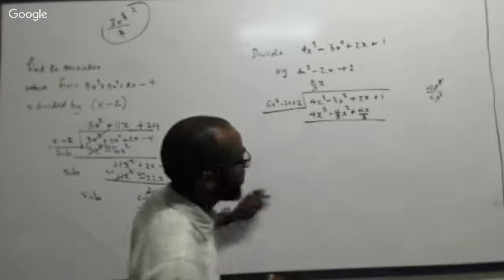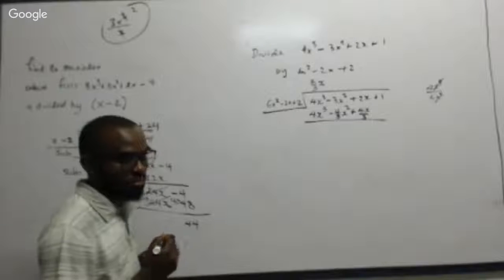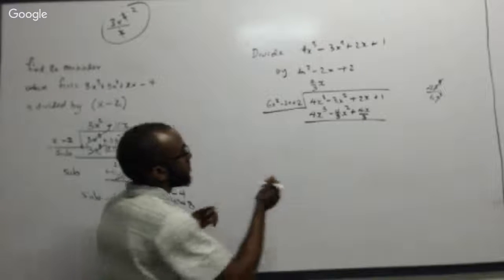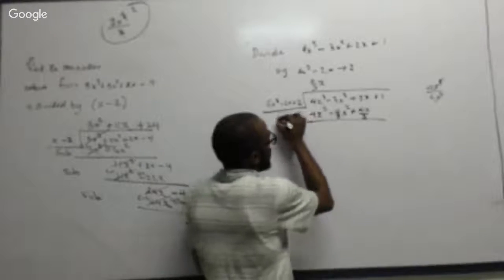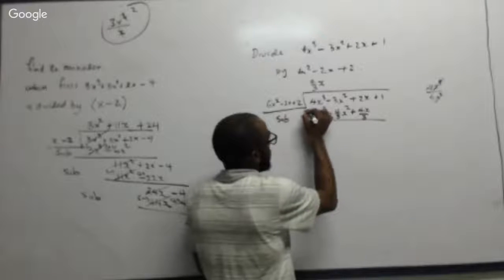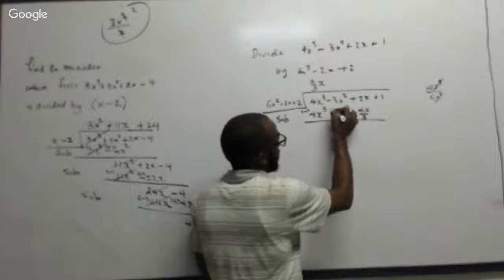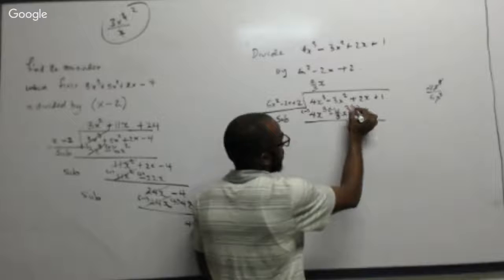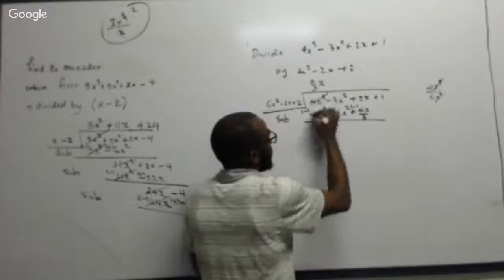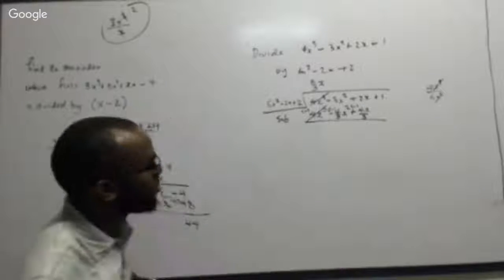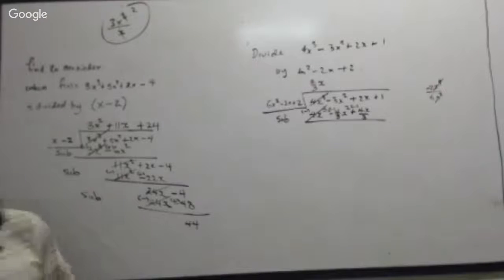That's all? That's correct? Then I subtract, so I effectively change all the signs. Plus changes to minus, minus changes to plus, plus changes to minus. The leftmost things obviously go.